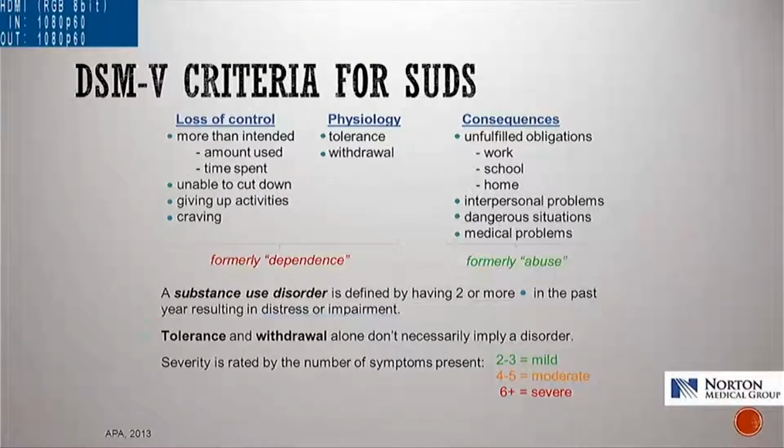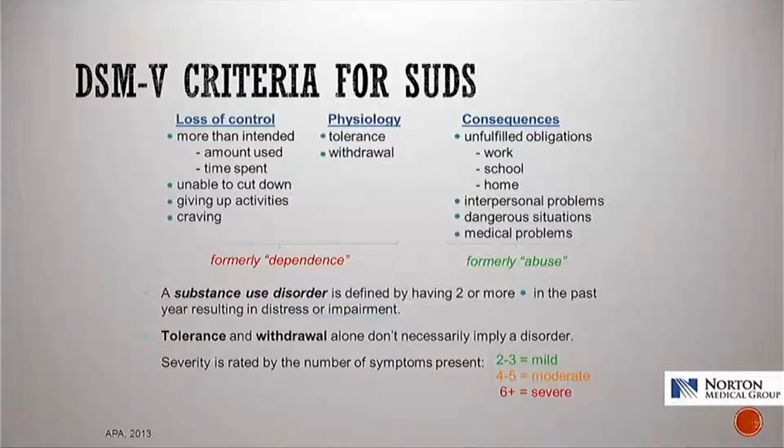Addiction or substance use disorder is defined by a loss of control and negative consequences of use. Previously, dependence had to do with loss of control and physiology, and abuse had to do with the negative consequences of use.